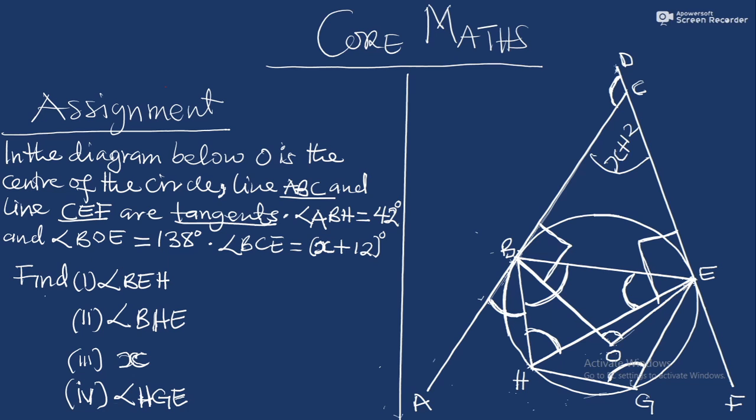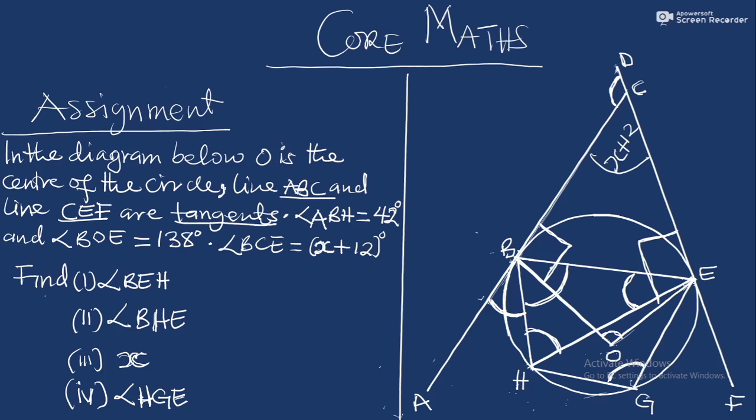So when we add this angle to the angle here and equate it to 180, we'll be able to get the answer for angle HGE. But unfortunately, this angle wasn't given. So we have to find it, then add it to this one before getting the answer. So how then do we get the angle here?